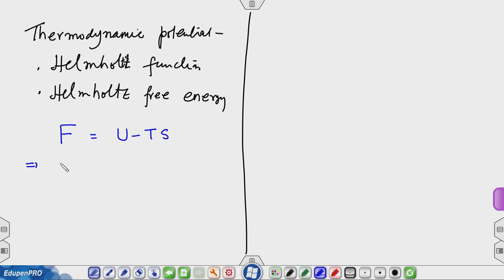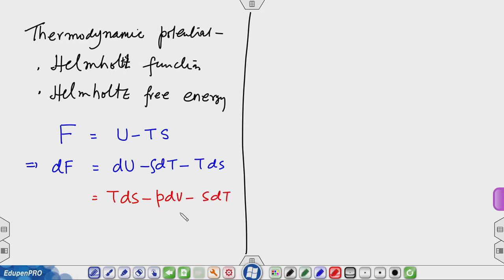and this implies that the differential dF is equal to dU minus dT times S minus T dS, and dU can be written as T dS minus P dV, minus S dT minus T dS is anyway there. So, T dS cancels and we get dF is equal to minus P dV minus S dT.